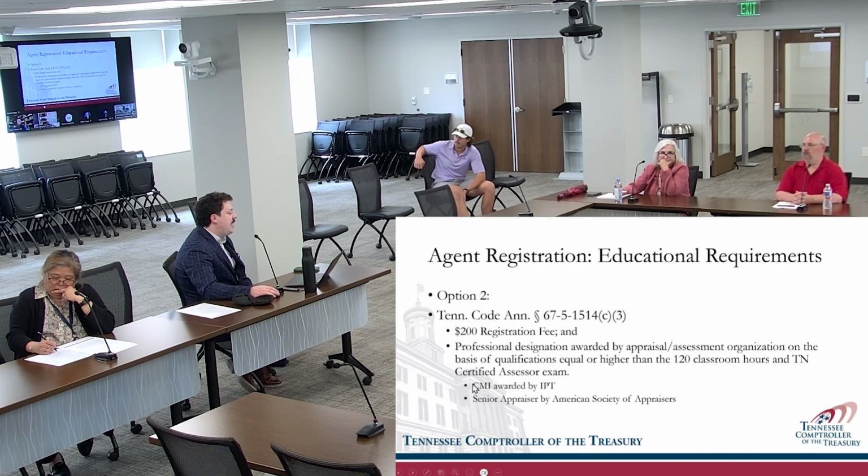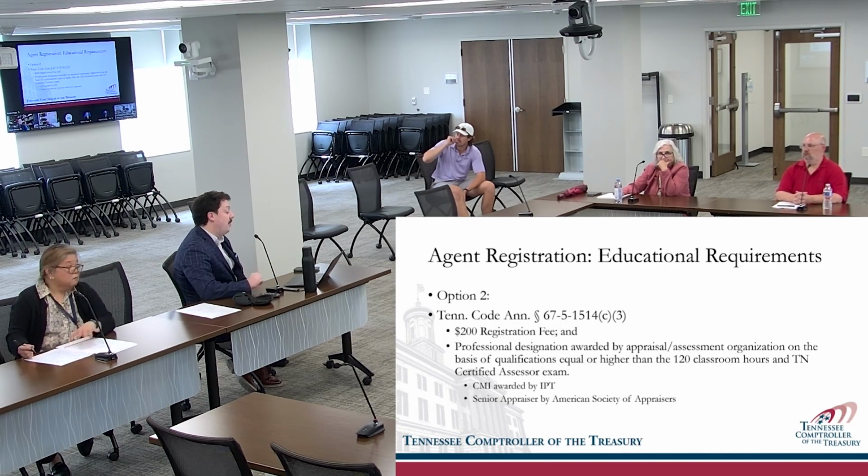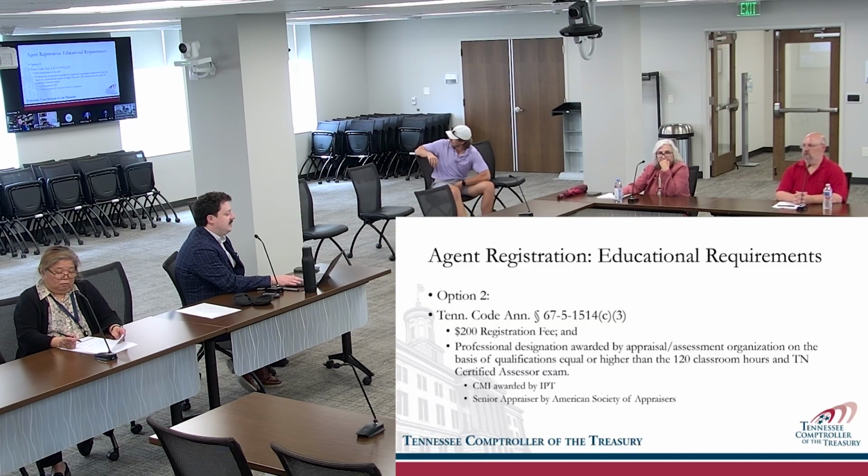I think the two that we have confirmed for sure are the CMI, ordered by the International Professionals in Taxation, or a Senior Appraiser by the American Society of Appraisers. If we're missing any, let me know. I know our rules also dictate a whole process for identifying additional organizations who may grow in the future as well. So there's always room for adding designations.